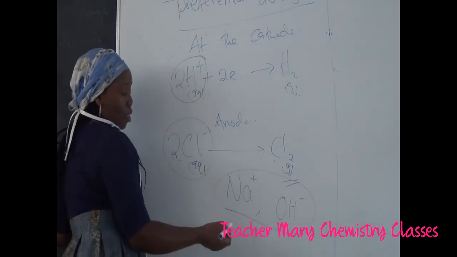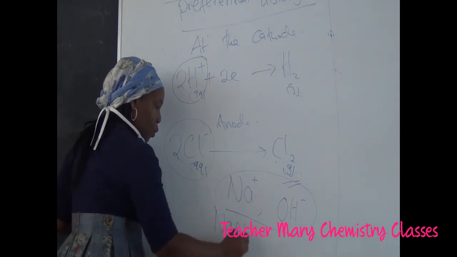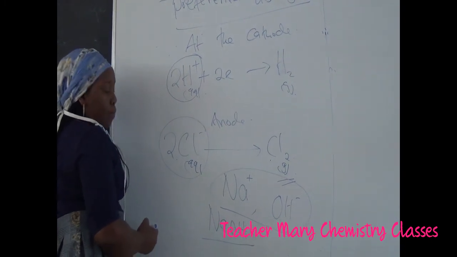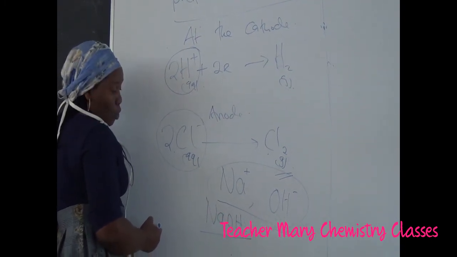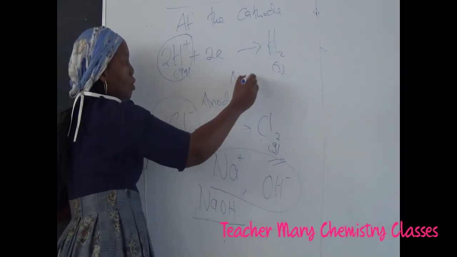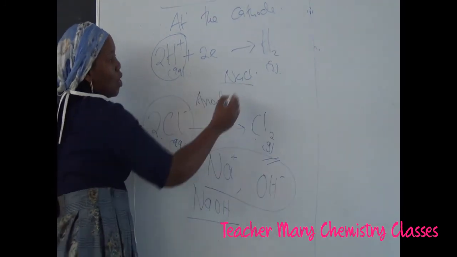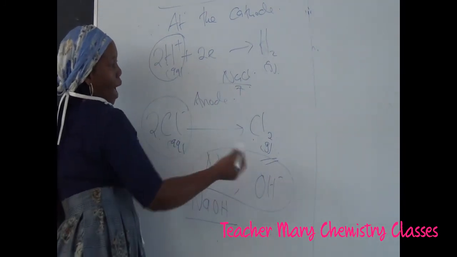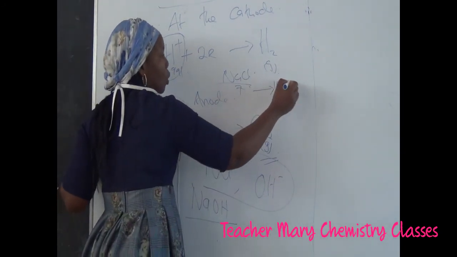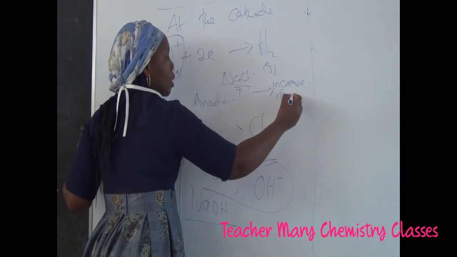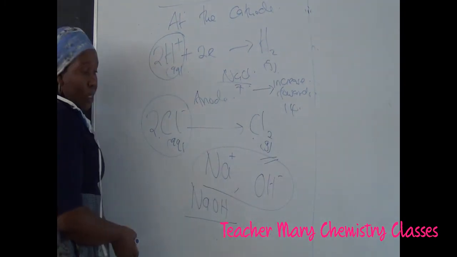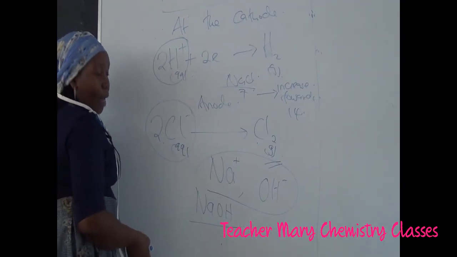We are left with sodium hydroxide solution, which is a strong base. Sodium chloride is neutral, so it has a pH of 7. As the electrolysis goes on, the pH will increase towards 14, because sodium hydroxide is a strong base.